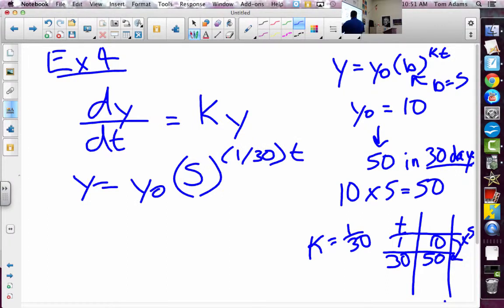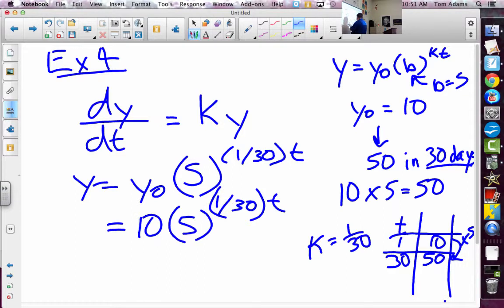Because after 30 days, we would get one cycle. That's where the 1 over 30 comes from. So what did we start with? We started with 10, times 5 raised to the 1 over 30 times t. And what we want to end up with is 100, because that's what the question is. How much time goes by before you get to 100?